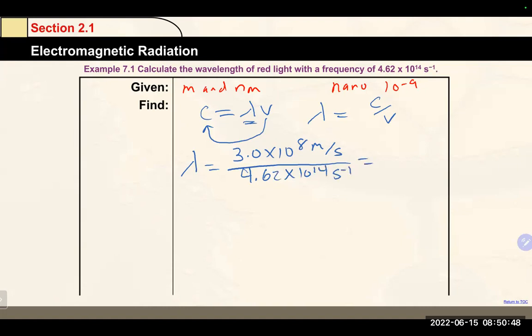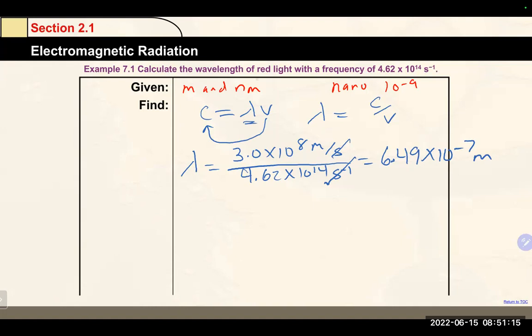We want to make sure we use our exponent button here. If we do 3 exponent 8 divided by 4.62 exponent 14, there we go, that gives us 6.49 times 10 to the -7. The units here are meters, as these will cancel. First off, any questions on that one?